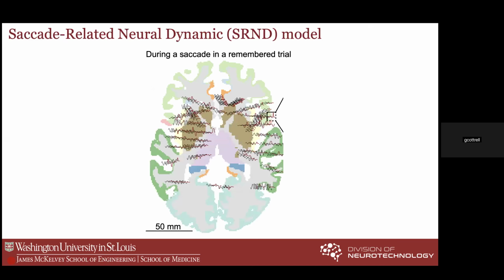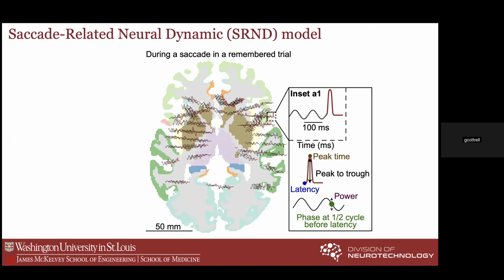Here is an example of the reconstructed saccade-related evoked potential during one saccade. The time trace is high dimensional. Therefore, learning the mapping between these saccade-related evoked potentials and memory outcome could be computationally costly and hard to interpret biologically. Therefore, we propose a model that parameterizes this waveform using 5 parameters.